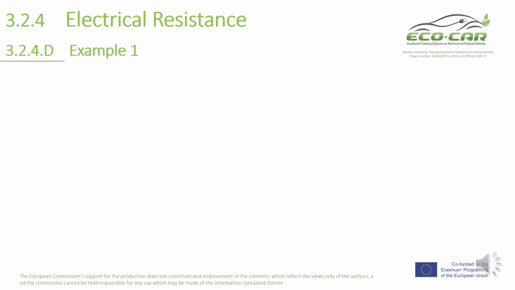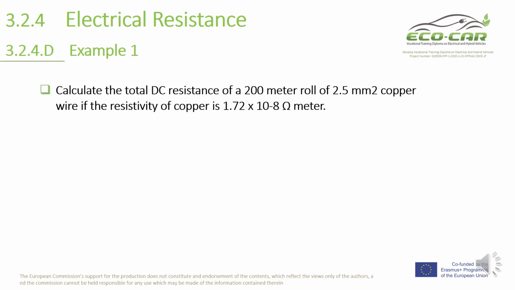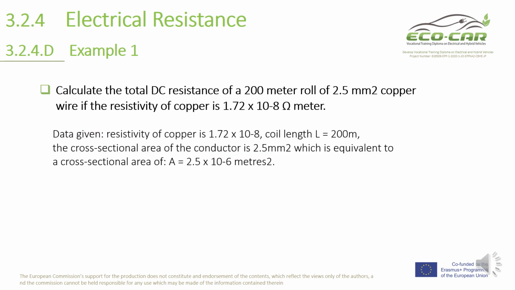Let's take an example. Calculate the total DC resistance of a 200 meter roll of 2.5 square millimeter copper wire if the resistivity of copper is 1.72 multiplied by 10 to the minus 8 ohm meter. So the data given: the resistivity of copper is 1.72 times 10 to the minus 8.